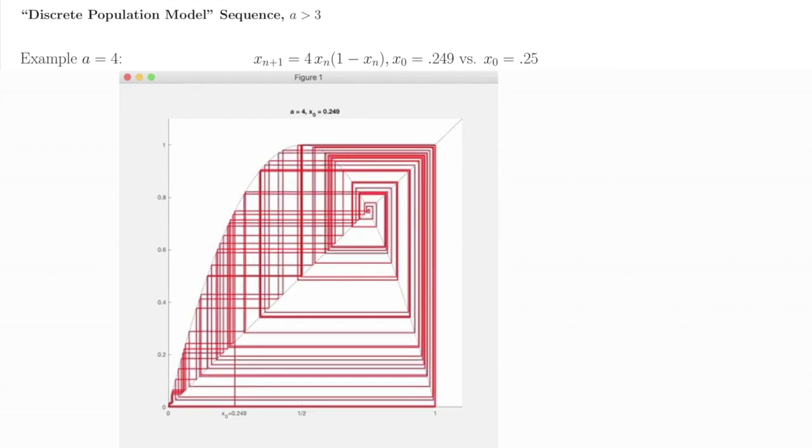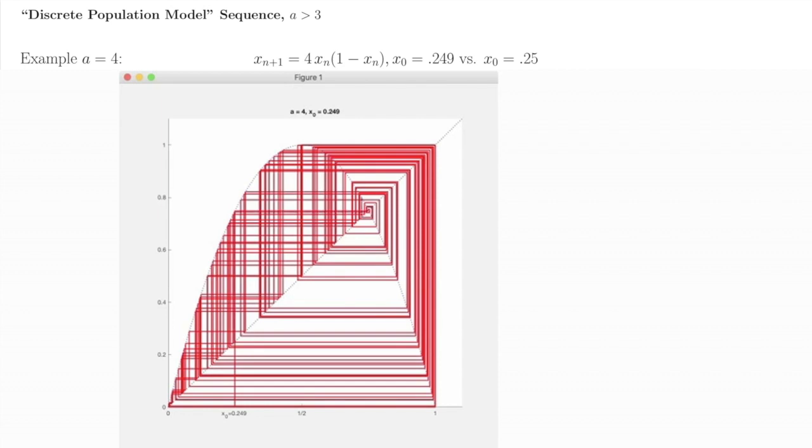So here, as you can see, I only made a tiny difference in my initial seed, but we're getting really different behavior. And this is also not converging to any kind of repetitive behavior. It's not converging to that intersection point. It's not producing any kind of cycle. It's really just going forever.